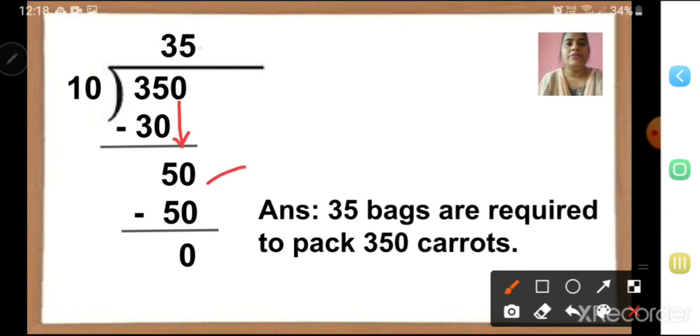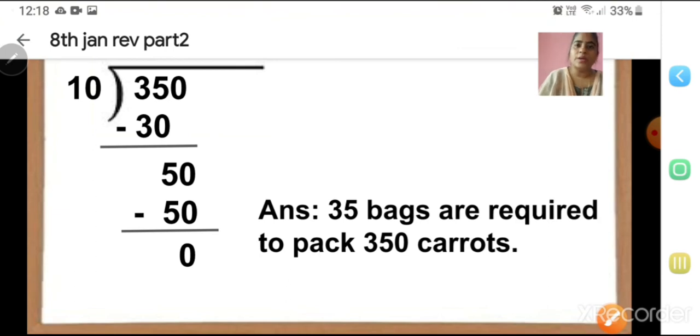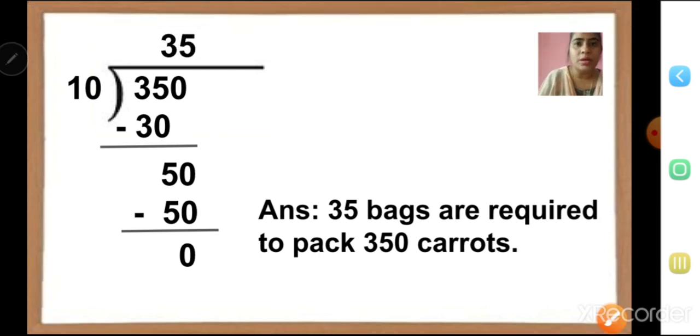So 10 5s is 50. 50 minus 50 is 0. That means 35 bags are required to pack 350 carrots. So how many bags are required, children? 35 bags. So children, here we have solved a few division questions, also word problem questions.